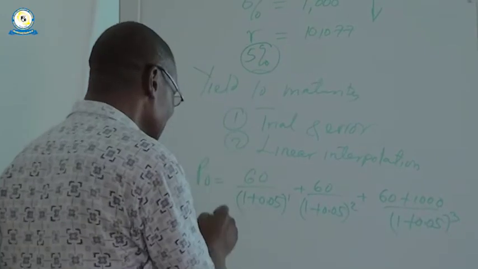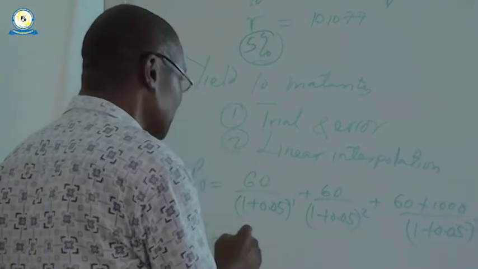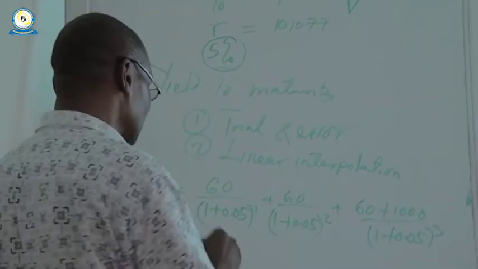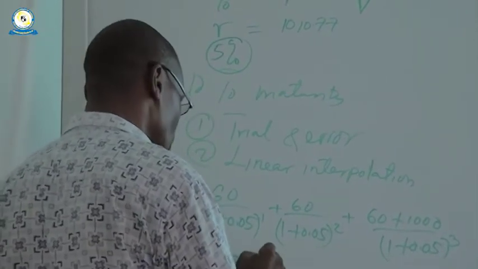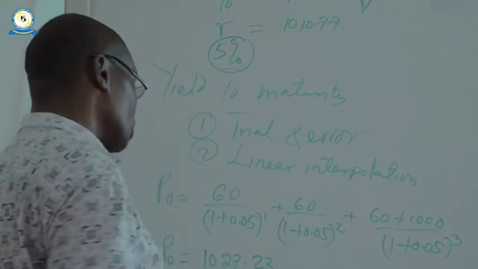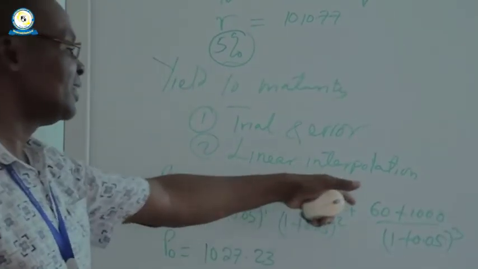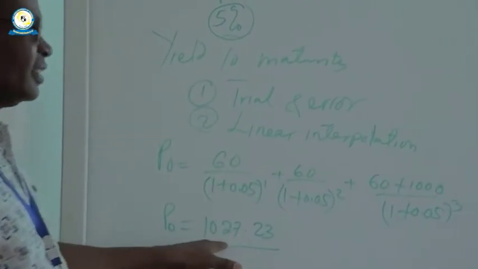If we calculate this, we must obtain P naught equal to 1,027.23. You can try to check.